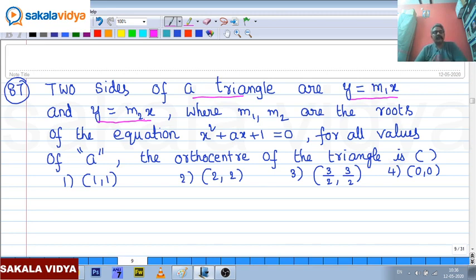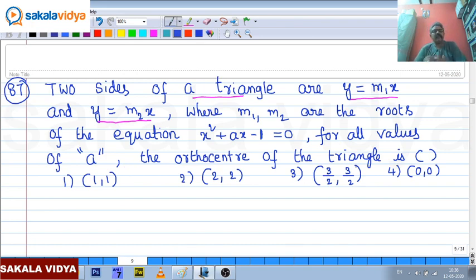They are the roots of the quadratic equation x square plus ax minus 1 equal to 0. For all values of a, the orthocenter of the triangle we need to find out.